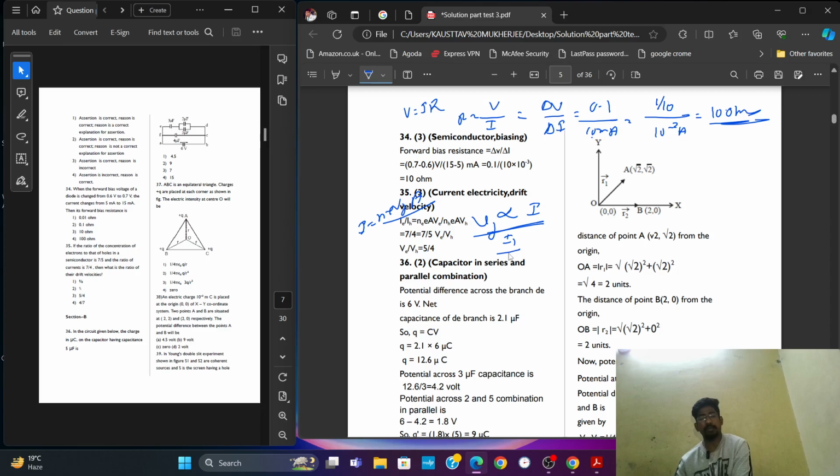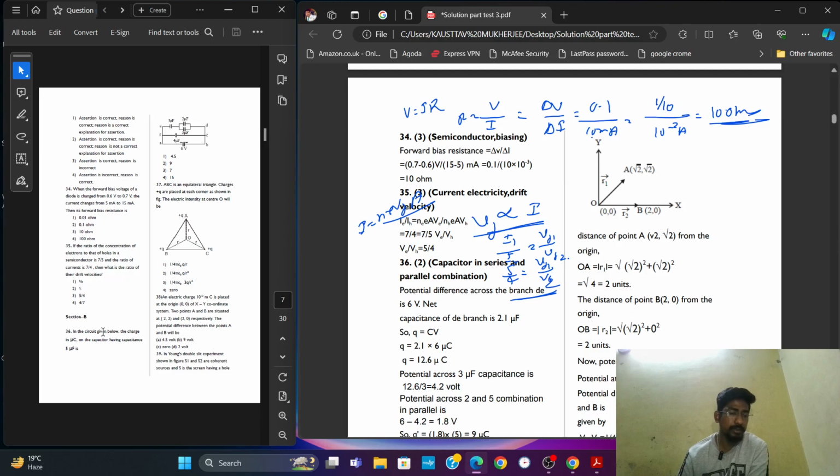That means I1 by I2 equals vd1 by vd2, right? I1 by I2 is equal to 7 by 5 times 7 by 4, that means 5 by 4. Oh, you have to calculate just the ratio. So vd1 by vd2 equals 5 by 4. That means option number 3 is correct.